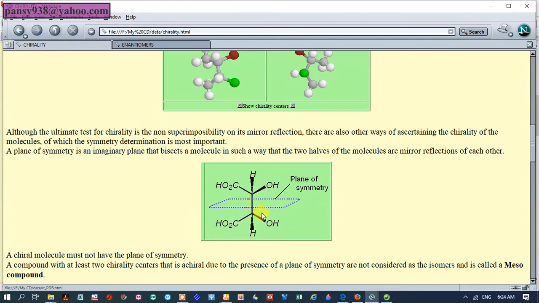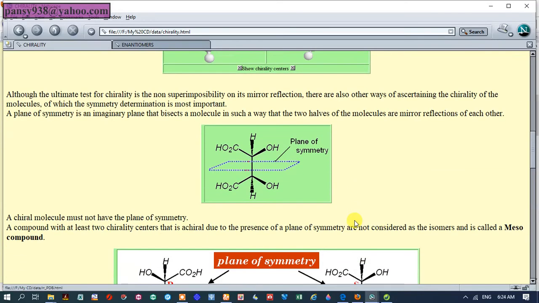You can compare very easily. And remember that a chiral molecule generally should not have a plane of symmetry. If it has a plane of symmetry, the chances of being chiral decrease.